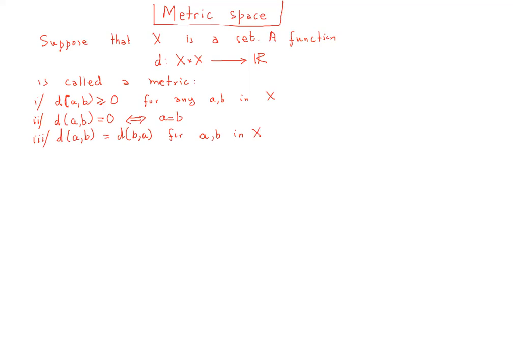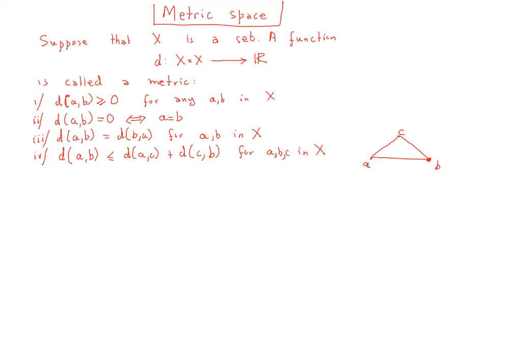And the last property is that the distance from A to B is less than or equal to the distance from A to C plus the distance from C to B for A, B, C in X. We usually call this the triangle inequality because if we sketch a triangle with vertices A, B, and C, then we see that this reflects the fact that the distance from A to B, or one side of the triangle, should be less than or equal to the sum of the other two sides of the triangle.